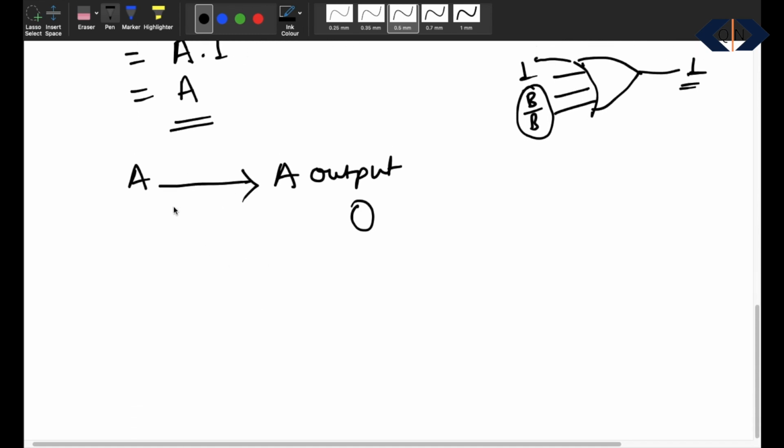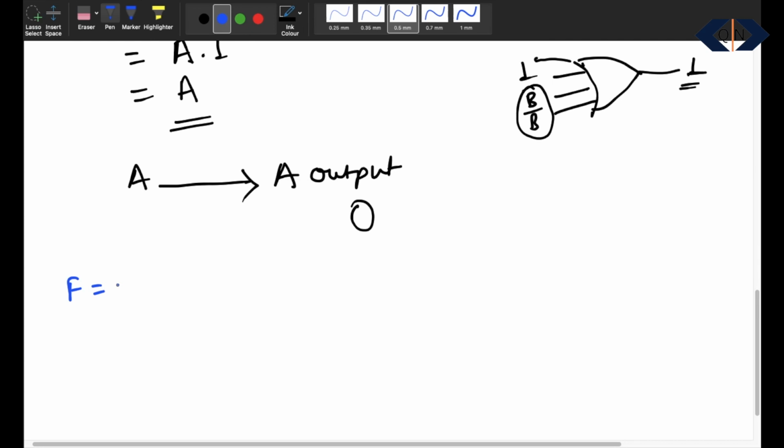So now, till now we have performed our operation using two variables or two inputs. Now let's try it with three input variables, meaning a Boolean expression.